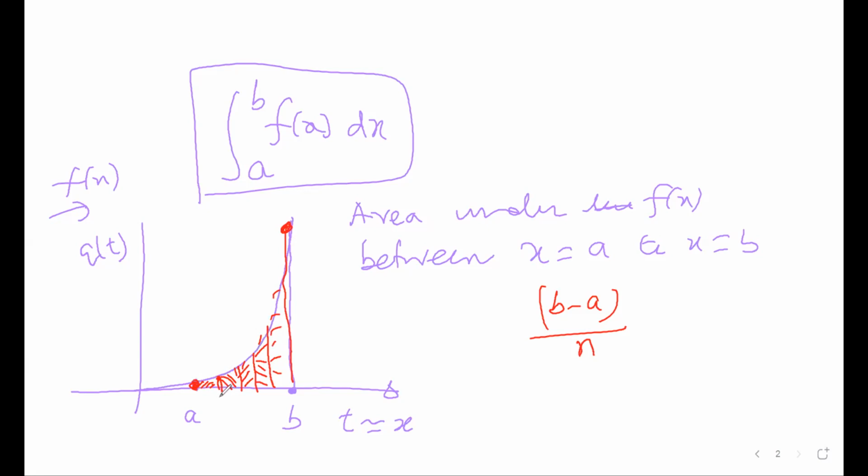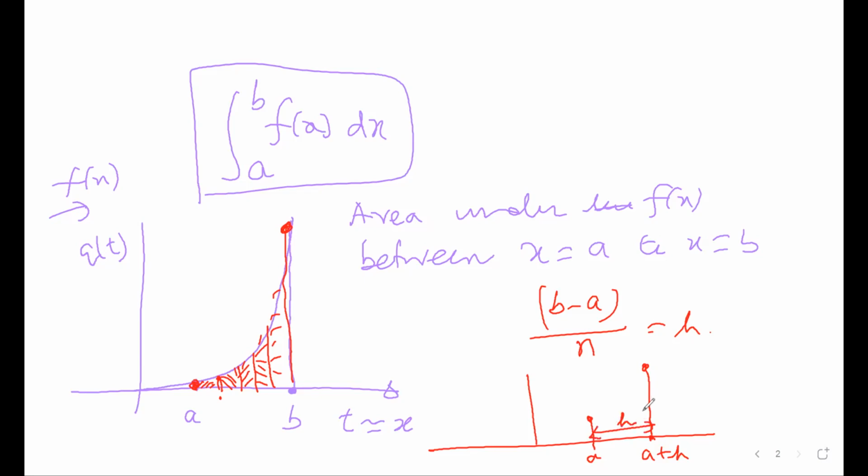Consider your first segment. Say we are dividing it into equal segments of width h. If we draw an enlarged view of the first segment, this is your a, and this is your a plus h. You see that this width is equal to h, is it not?